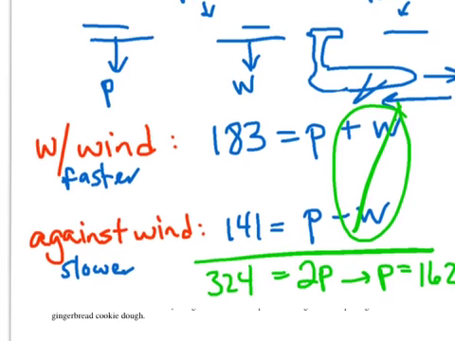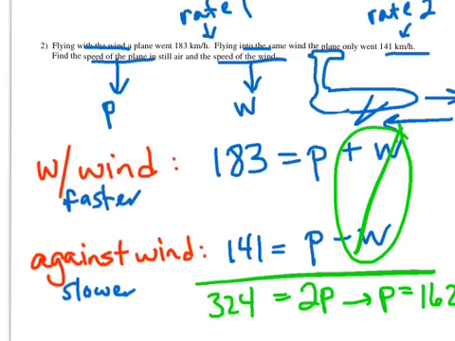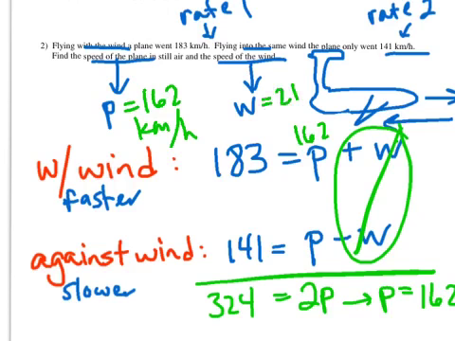Okay. And so the plane speed is 162 kilometers per hour, which means that if we go back to one of our original equations, 183 minus 162 gives us our wind speed at 21 kilometers per hour.